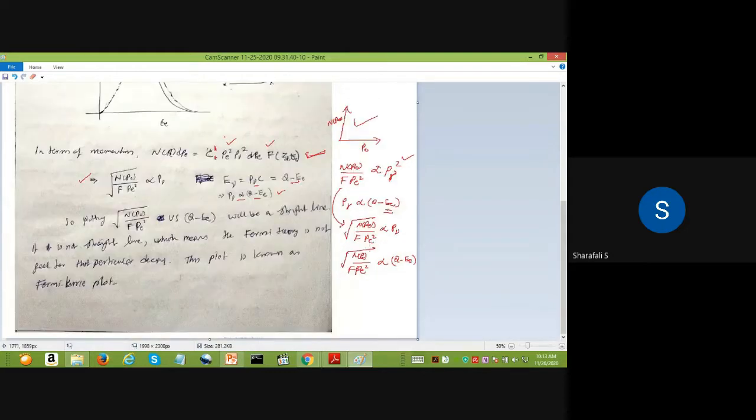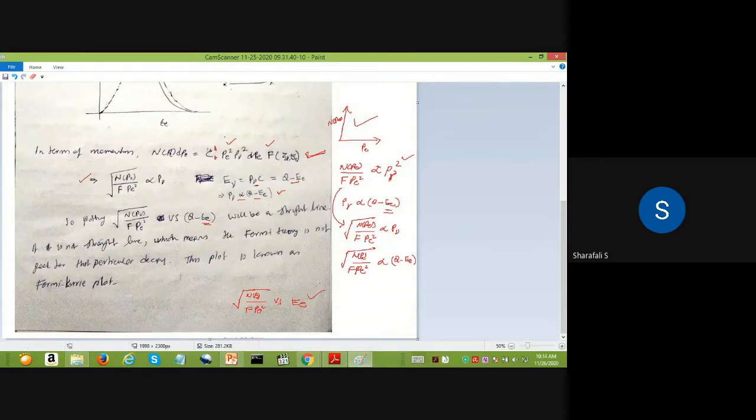So if you plot this root of n of p by f of pe square against your kinetic energy, this will give you a shift in your spectrum. So if you plot this value, in general it will be n of p divided by f of pe square versus the kinetic energy of your electron or positron which is coming out.